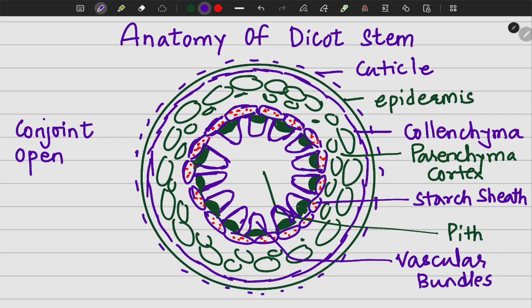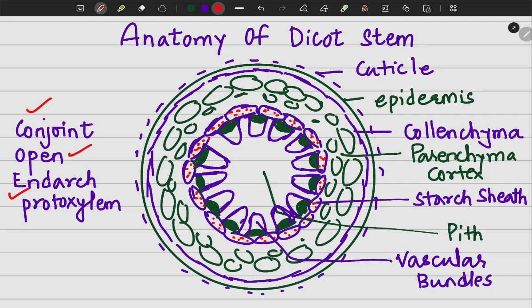Open, that means cambium will be present between the xylem and phloem, and the protoxylem is endarch. That means the protoxylem will be towards the pith, right? So the vascular bundle is conjoined, open with endarch protoxylem, and the vascular bundles are arranged in the form of a ring. This ring arrangement of vascular bundle is the characteristic of dicot stem.